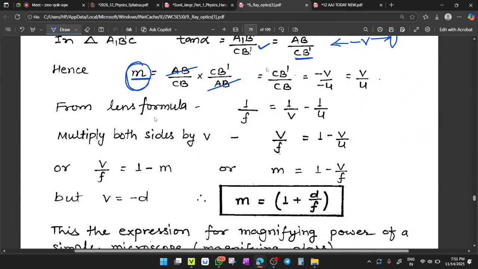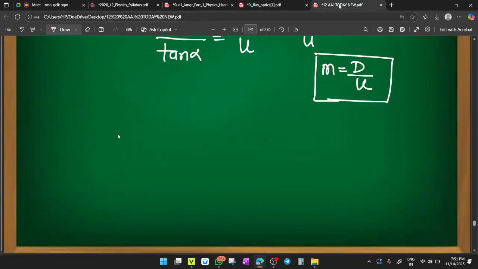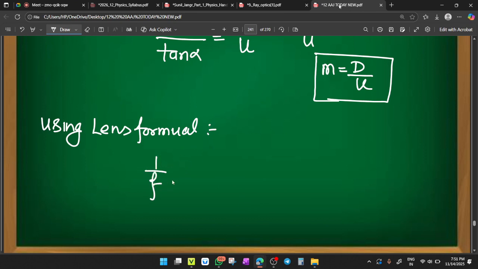How can you derive this one? Using the lens formula, we know that 1 upon f equals 1 upon v minus 1 upon u. Clear?